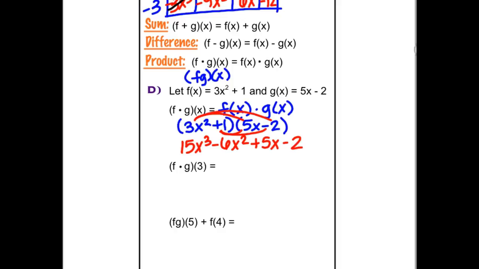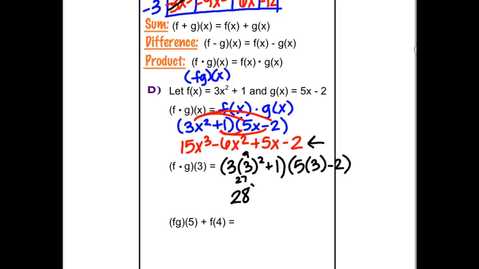Now it says f times g of 3. So like I said before, this one might be a better option. Yesterday I said you can just take and put 3 in for x into this right here. A quicker, faster option, just because you have all those higher powers, might actually be to take 3 times 3 squared plus 1 times 5 times 3 minus 2, only because they're smaller numbers. 3 squared is 9. 9 times 3 is 27. 27 plus 1 is 28.